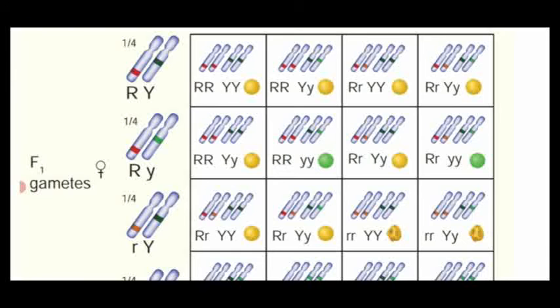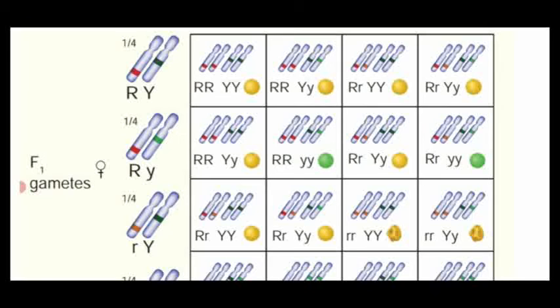How are we able to identify the ratio of 9:3:3:1? Dear students, the capital R and capital Y are named yellow round.